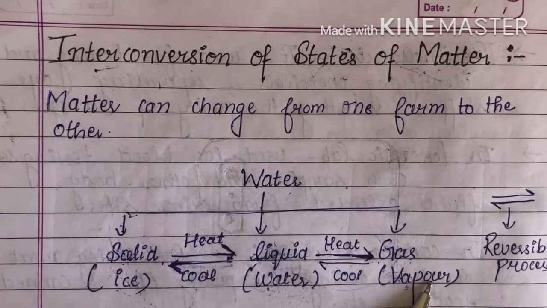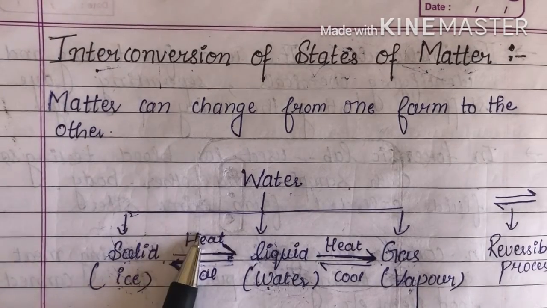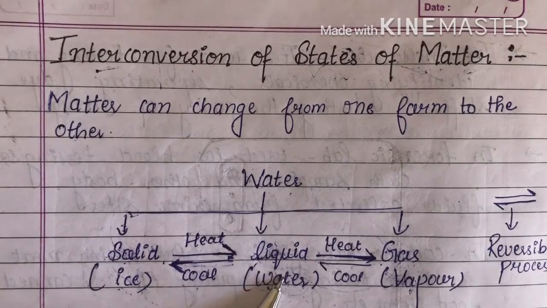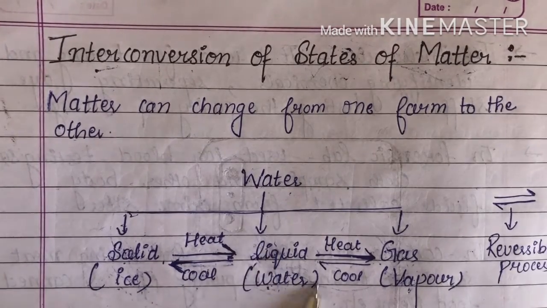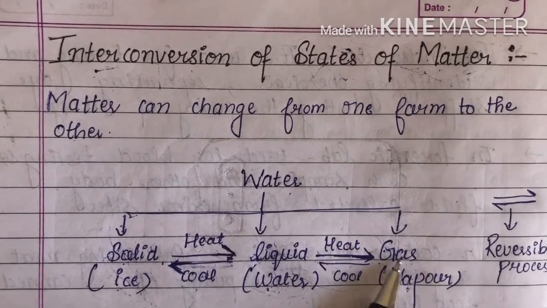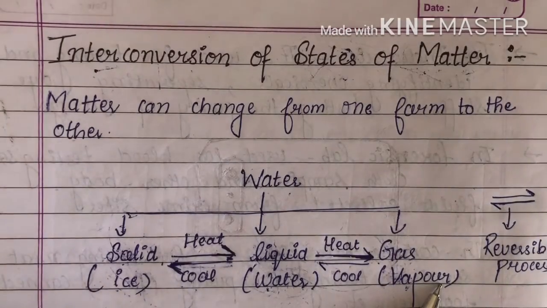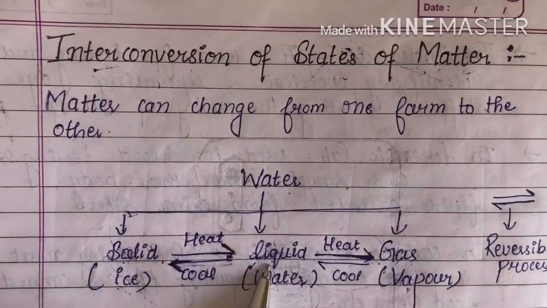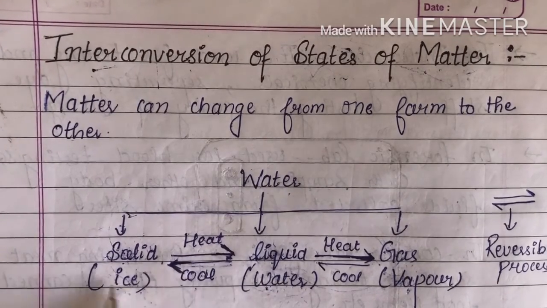Now we will see how water exists in these three states. If we have ice, then after heating it will get converted into water, that is, the liquid form. Then after heating the liquid, that is water, it is converted into the gaseous form. The gaseous form, that is vapor, after cooling will again give water, and water after cooling will give ice.